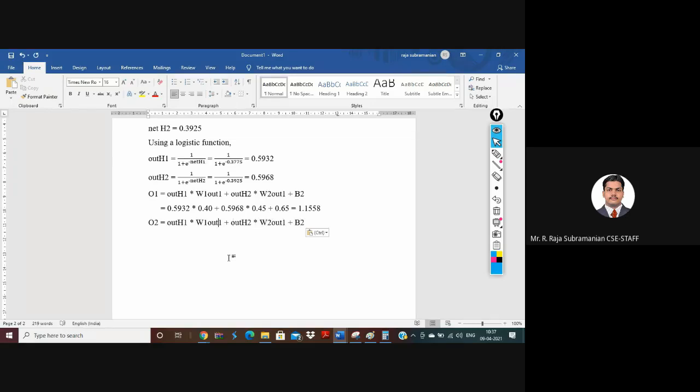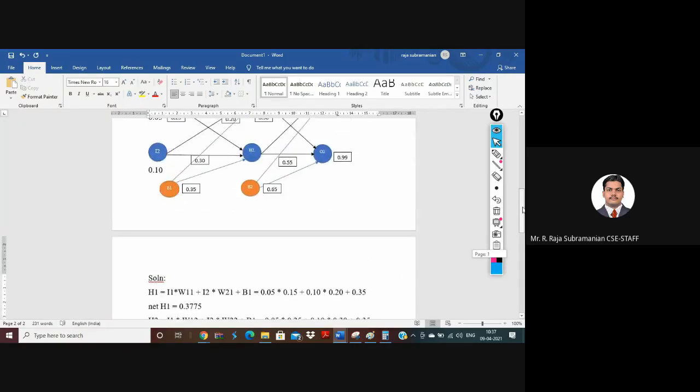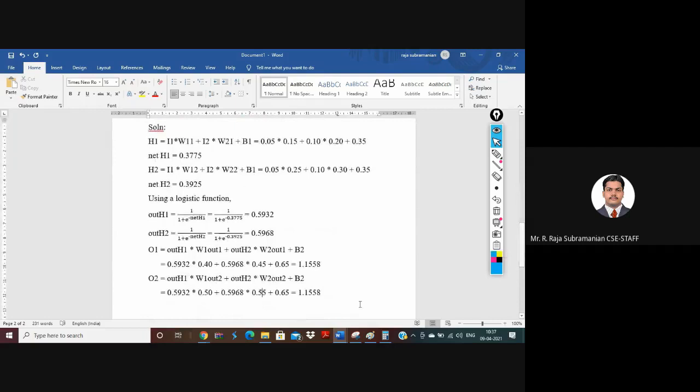So out H1 from W1 to out 2, and out H2 from W2 to out 2. So these are the things I will use. This is 0.50 and this is 0.55. That's it. I am right? 0.50 and 0.55. Now what will be the answer?